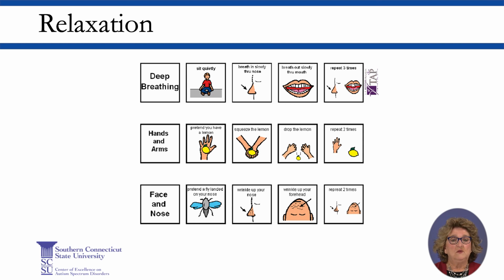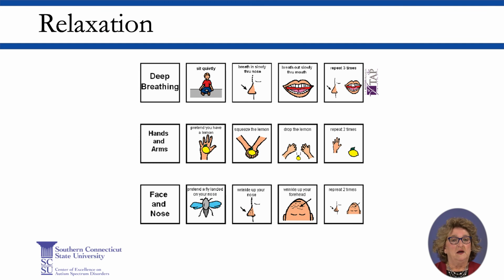We all know our students often just need time to relax a little bit, take a breath, move a little bit, and these are examples of different visuals for relaxation. Again, you would ensure that the student understood the words, the pictures, and clearly had practiced these before having the student do them on their own.